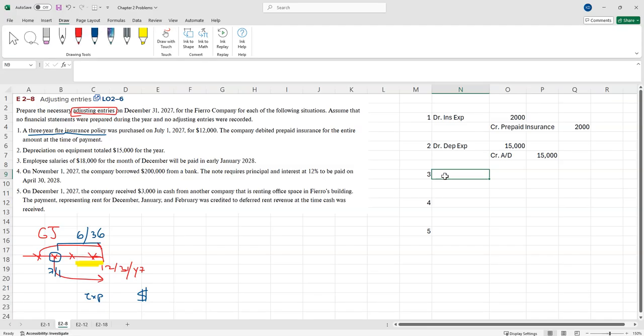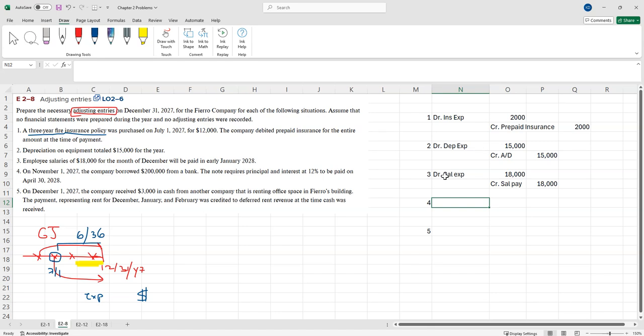We'll just do debit salary expense, credit salary payable, and they give us the amount: $18,000. Nothing too bad on that one.